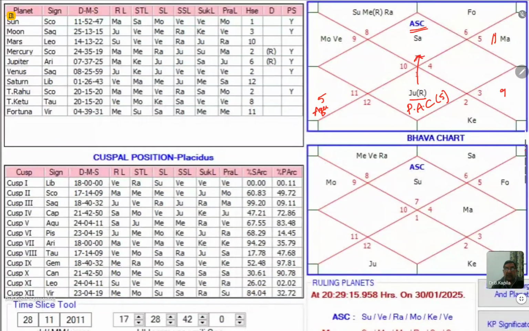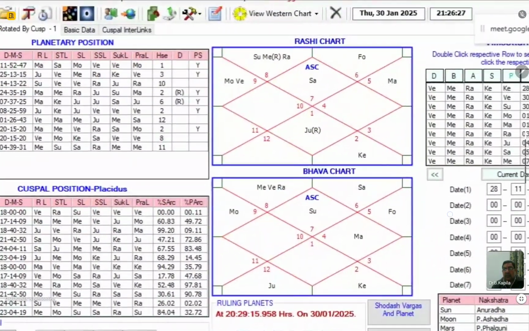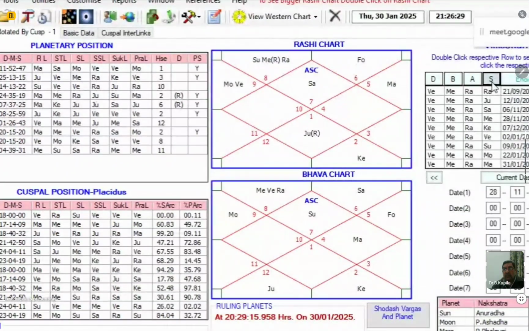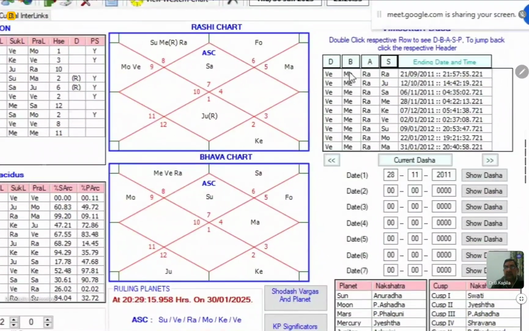Mercury Bhukti, sir? Yeah. Venus Dasha, Mercury Bhukti, and Rahu Antara. So Dasha Lord is Venus, Bhukti is Mercury, and Antara is Rahu.